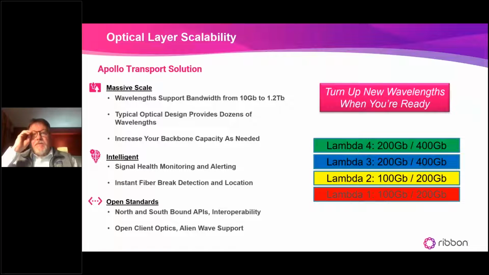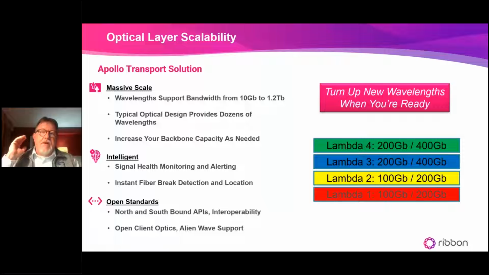The other aspect of the optical layer or the DWDM layer is that, even though the pipes themselves are dumb, the system can provide a lot of useful intelligence as far as the signal health. So where I live out in the western United States, what we call the big square states, it is hours and hours from one location to another, right?